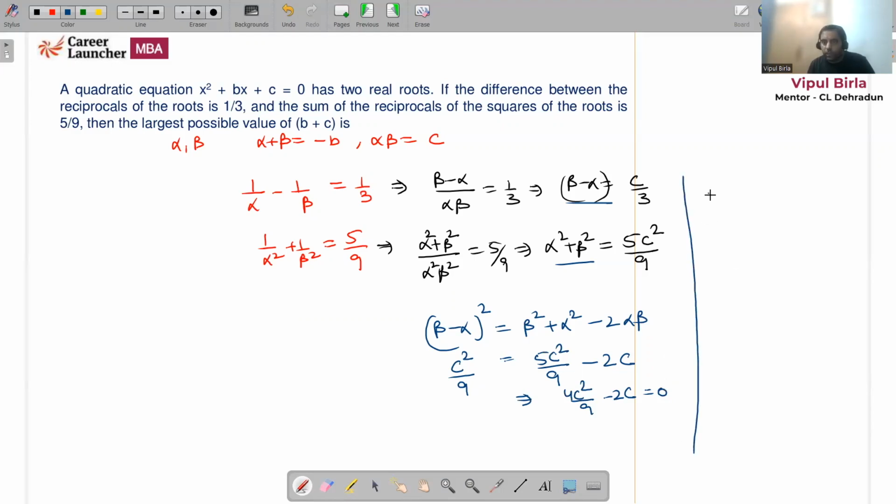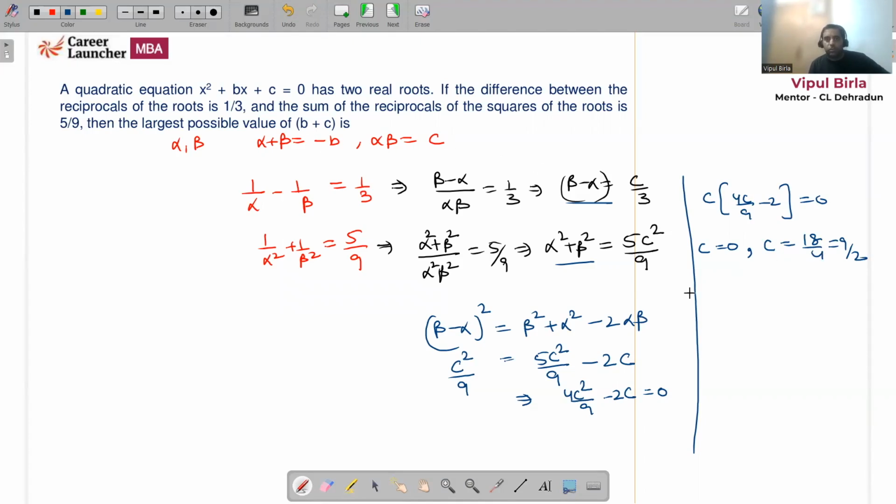If we take C common, 4C by 9 minus 2 is equal to 0, which gives me C will be equal to either 0 or C will be equal to 18 by 4 or 9 by 2. Right, so two possibilities.